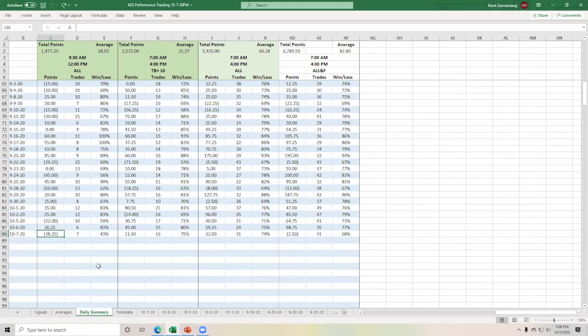So we can see here that today in the 9:30 to 12 category, we lost 38.25 points. It's a losing day today. Those happen, and we did 7 trades. And in the 7 to 4 category, we did 11.5 points, and we did 16 trades.